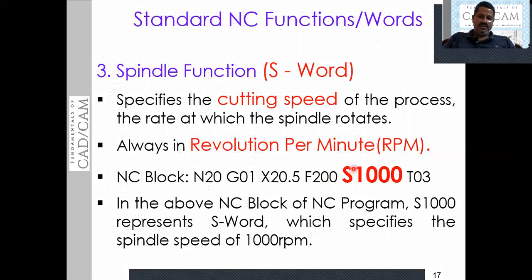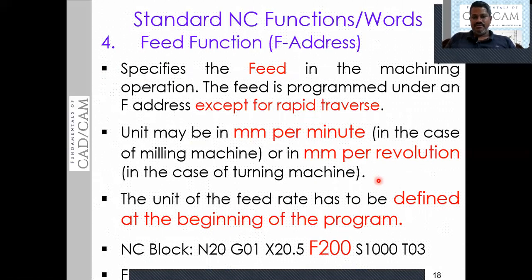In that operation, the spindle is going to rotate at 1000 RPM here. The unit of the S function is always RPM, revolutions per minute.